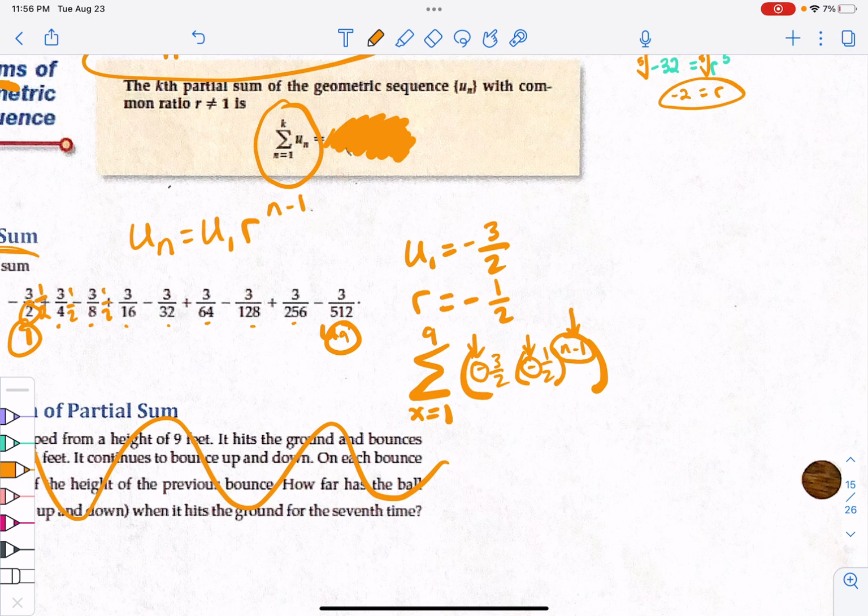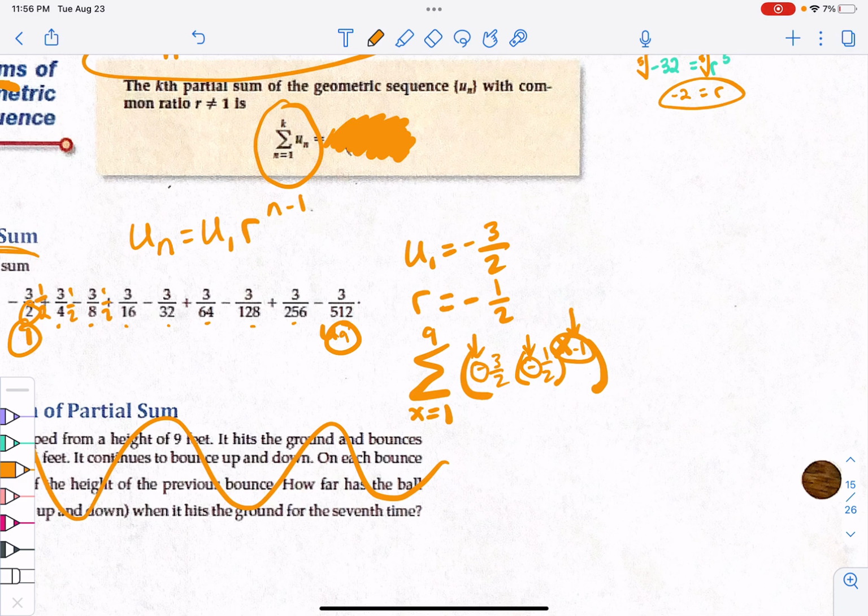Okay, parentheses to the n, or x, minus, I wrote n minus 1, this should be x minus 1 power. Okay, I think I am all the way through.